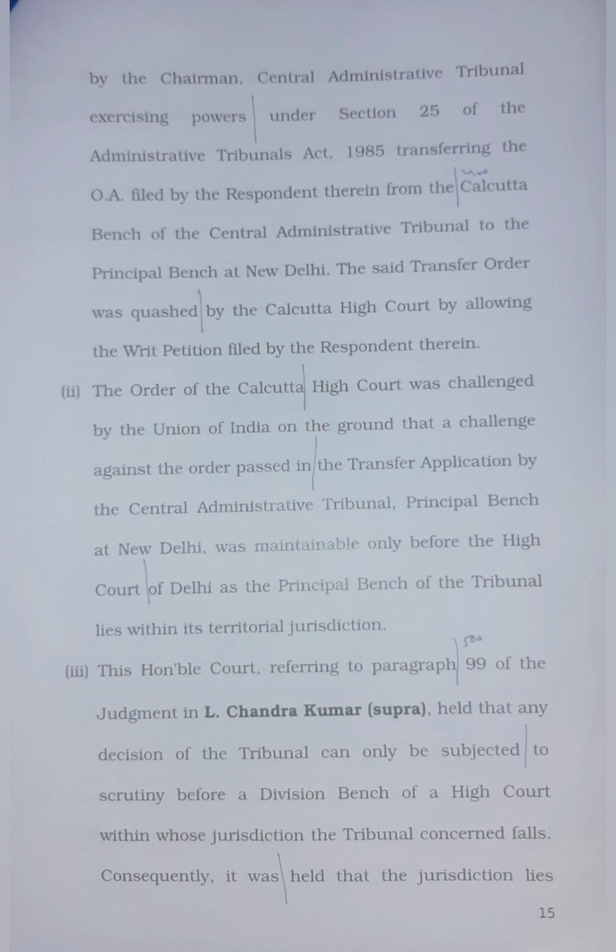The said transfer order was quashed by the Calcutta High Court by allowing the writ petition filed by the respondent therein. The order of the Calcutta High Court was challenged by the Union of India on the ground that a challenge against the order passed in the transfer application by the Central Administrative Tribunal Principal Bench at New Delhi was maintainable only before the High Court of Delhi, as the principal bench of the tribunal lies within its territorial jurisdiction.